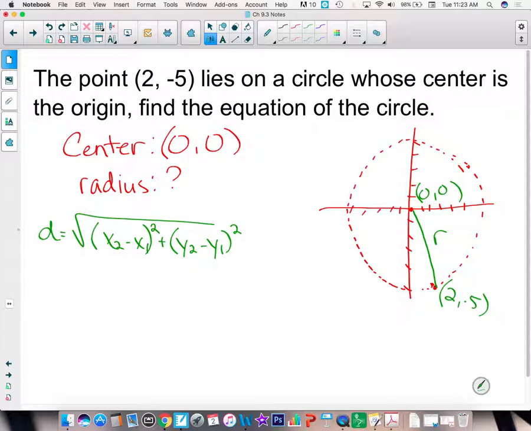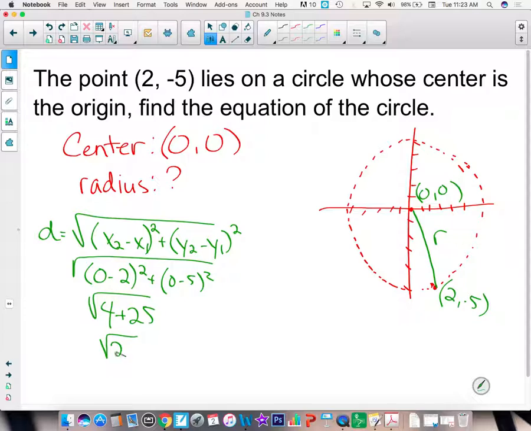Right, if you remember the example from the bell ringer, you can just do 2 squared, 5 squared, add them together, take the square root. Right, because it's 0 minus 2. Right, it's -5 squared, but that's 25 still. So that's 4 plus 25, square root of 29.